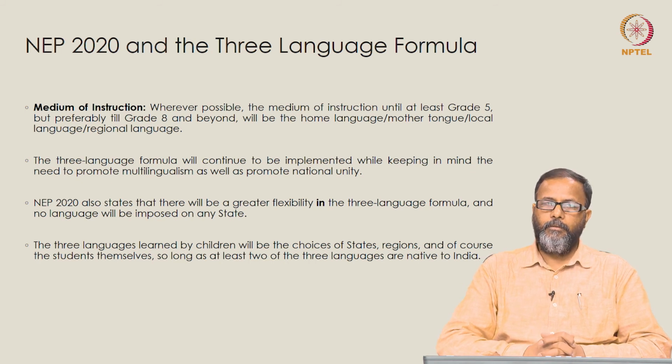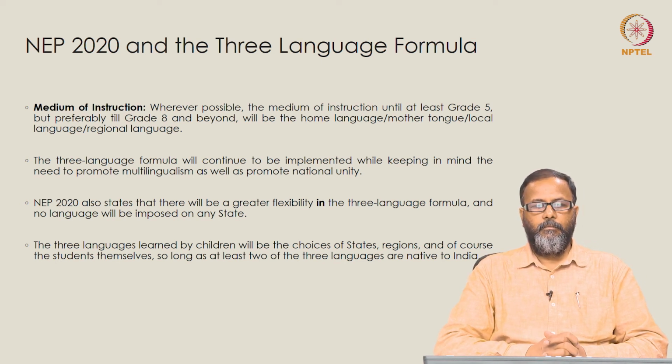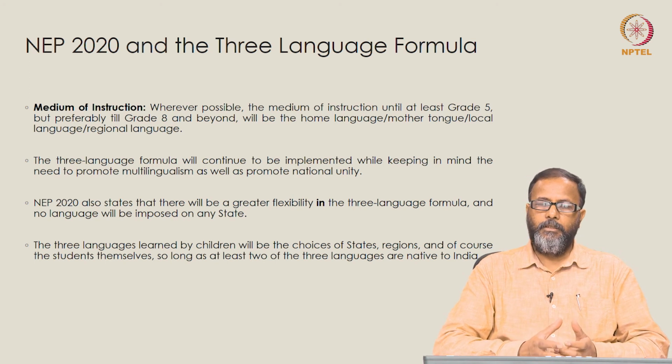As we are talking, now we have National Education Policy 2020. And National Education Policy 2020 does not make any major shift in language policy. And it maintains three language formula with a little tweak.